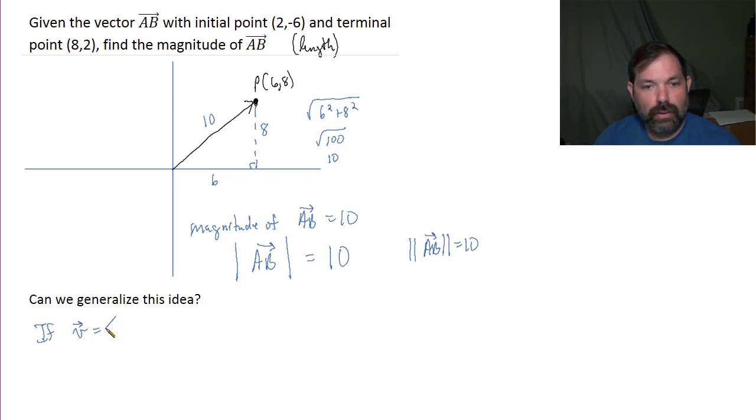If we have a vector written in the standard form as x comma y, then the magnitude of the vector is equal to the square root of x squared plus y squared. It's basically just the Pythagorean theorem, just a special notation for it, that's all.